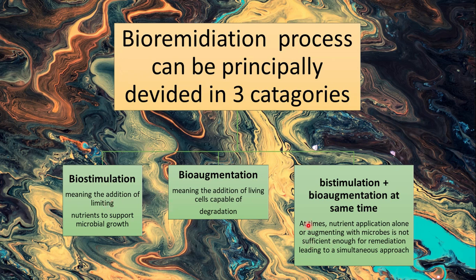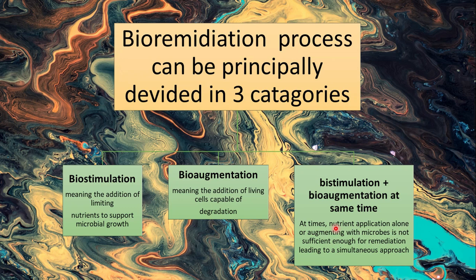Next, bioaugmentation. In bioaugmentation, we add cultures of grown cells or cultures of some bacteria that we have designed in the lab, which have enhanced capability to degrade that oil.